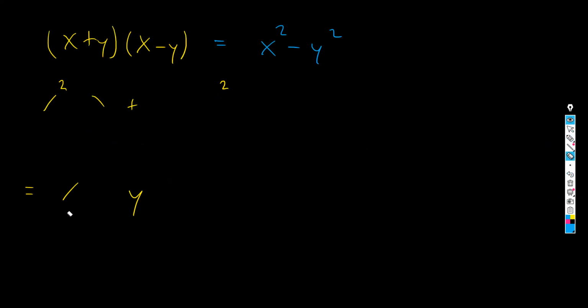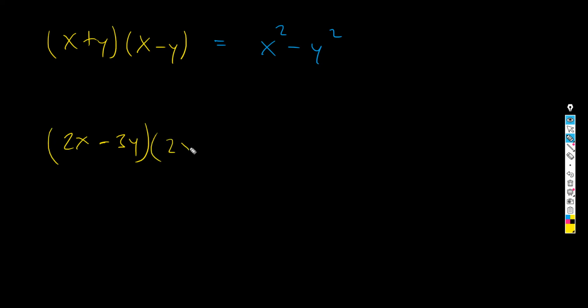For example, what if I give you this conjugated binomial? 2x minus 3y and its corresponding conjugated binomial, which is this. You see, you don't have to go all the way and do the whole product. You can go directly to the formula. Are these conjugated binomials?